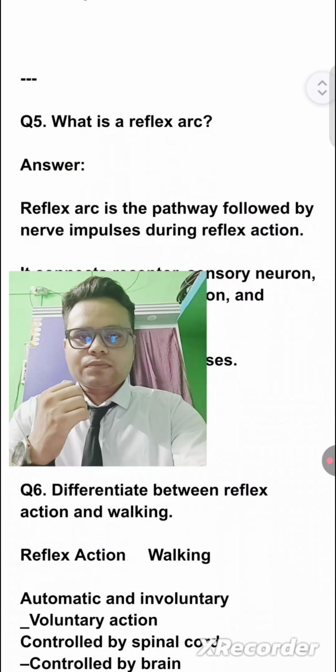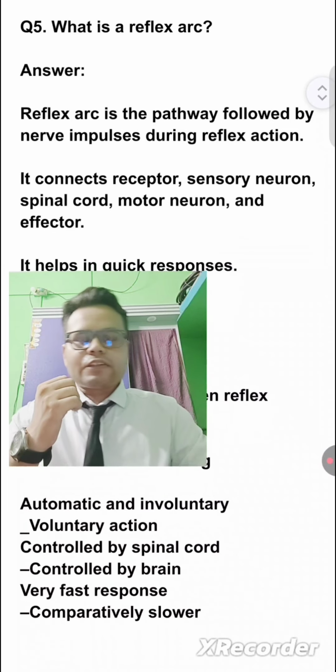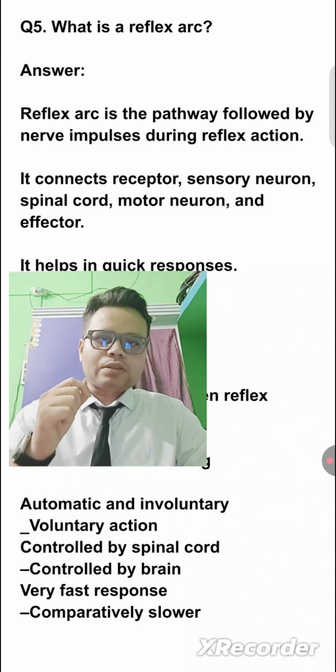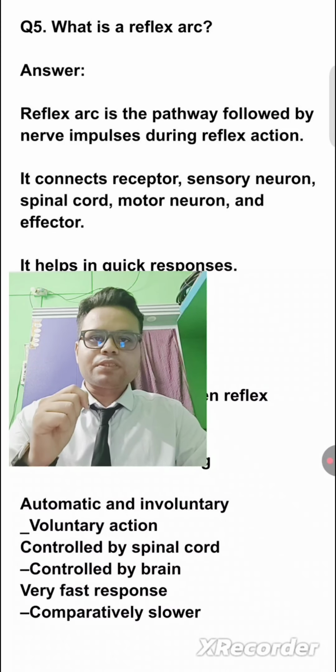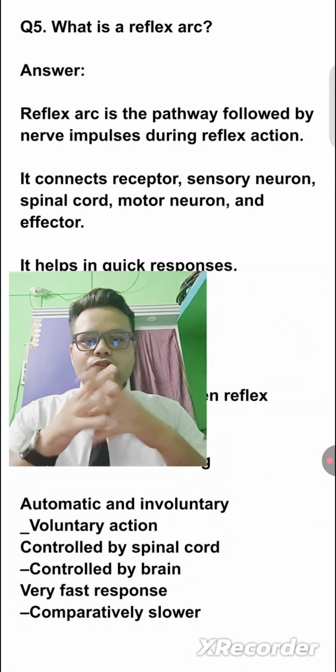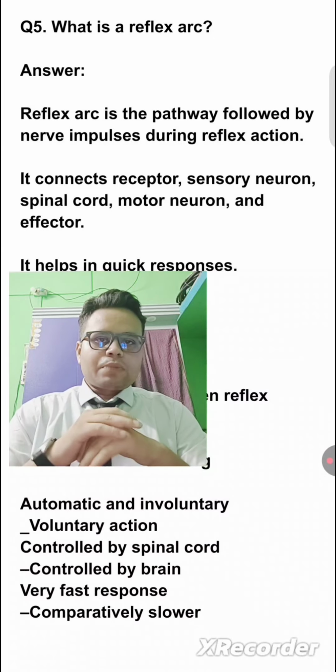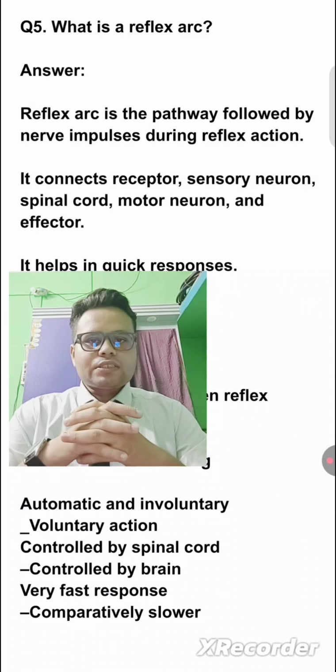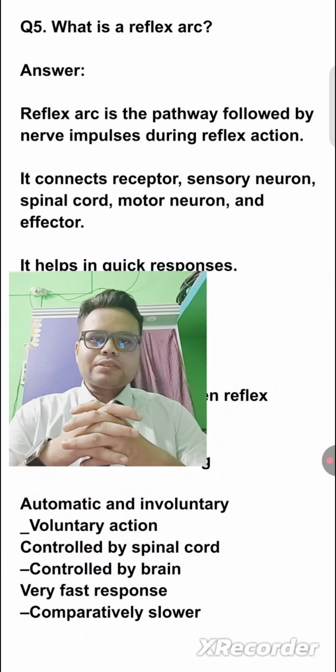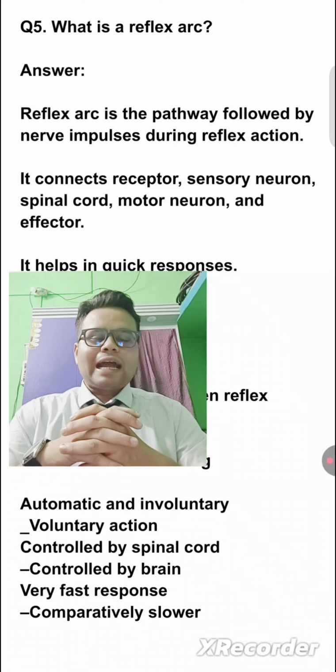After that, what is the reflex arc? The reflex arc is the pathway followed by the nerve impulses during a reflex action. It connects the receptor, sensory neuron, spinal cord, motor neuron and effector.